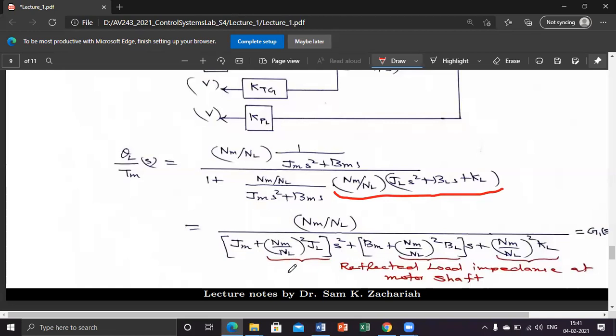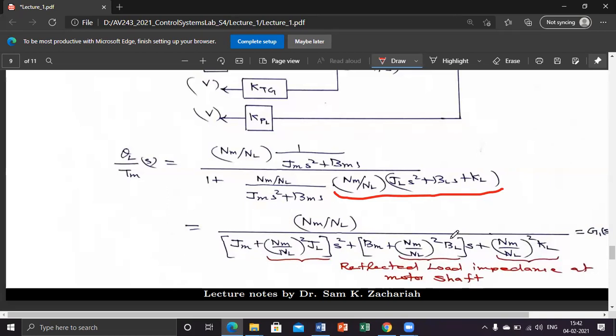Assume that there is a gear ratio of 100. What does it mean? NL will be 100 times NM. So the square is equal to 10 raised to minus 4. So you can understand that the external load inertia is multiplied by 10 raised to minus 4 before adding to Jm. It's a large reduction.